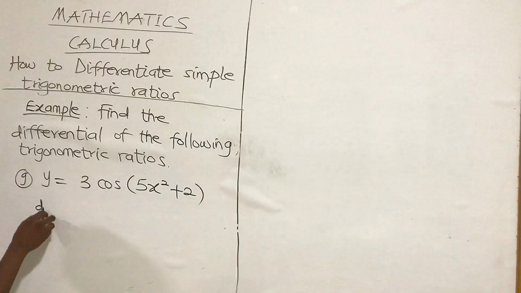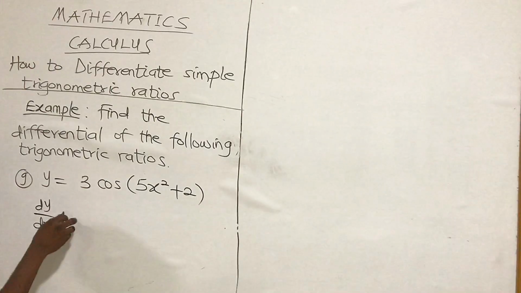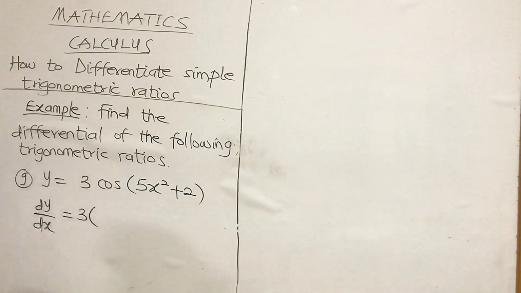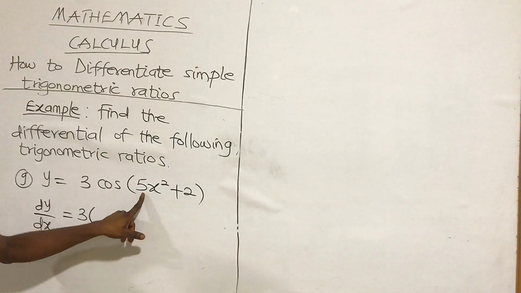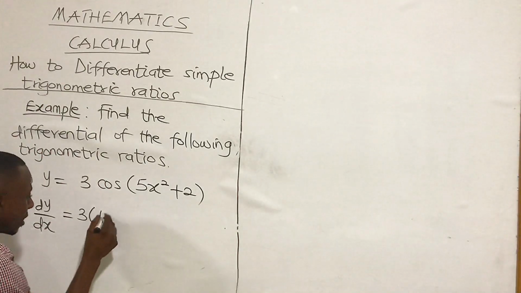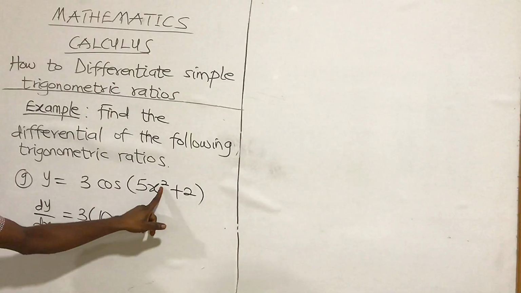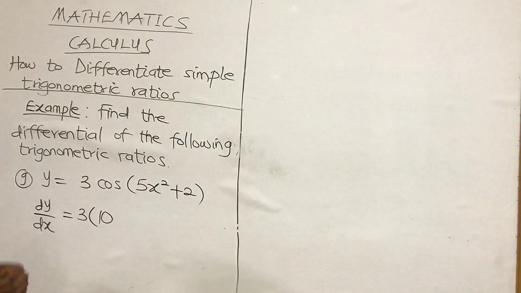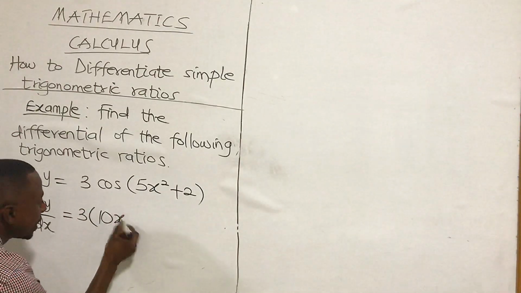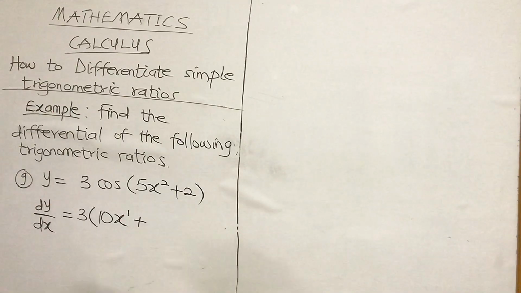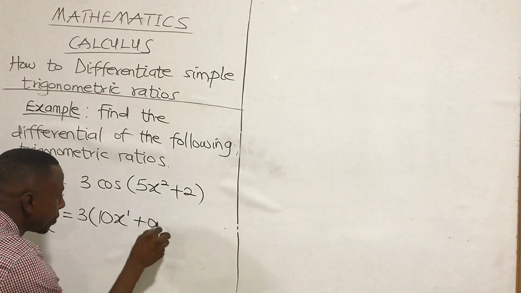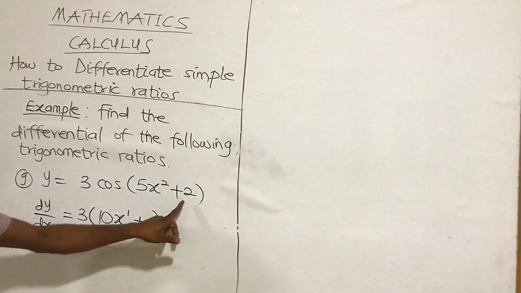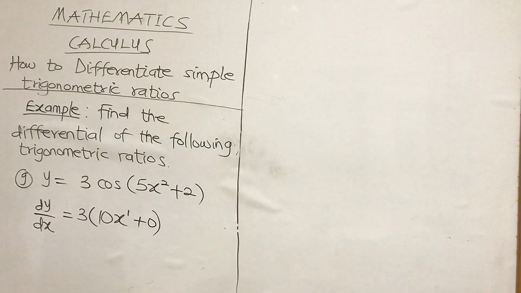So we have dy over dx is equal to 3 multiplying, and when we differentiate 5x squared, the 2 will multiply the 5, making 10. Then with the exponent, we are going to take 1 from it, so we have x exponent 1 plus, and when we differentiate 2, we are getting 0 because 2 here is a constant.